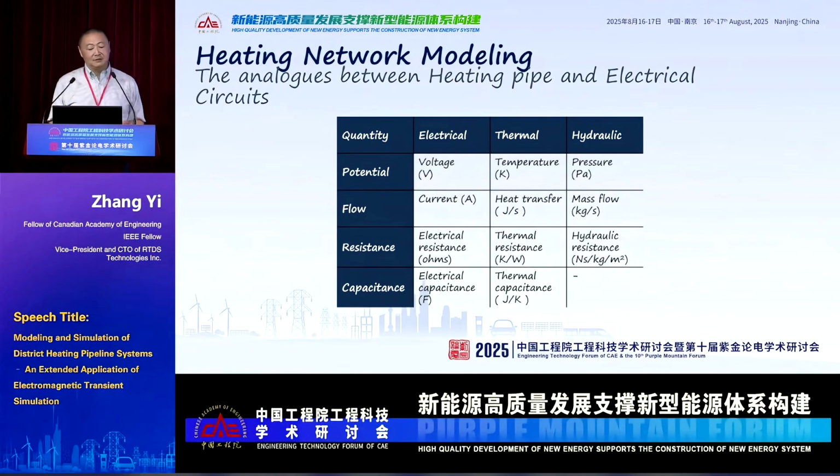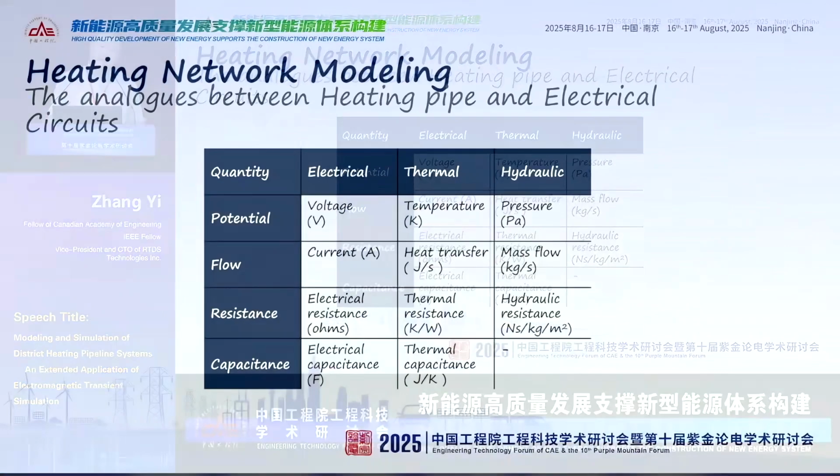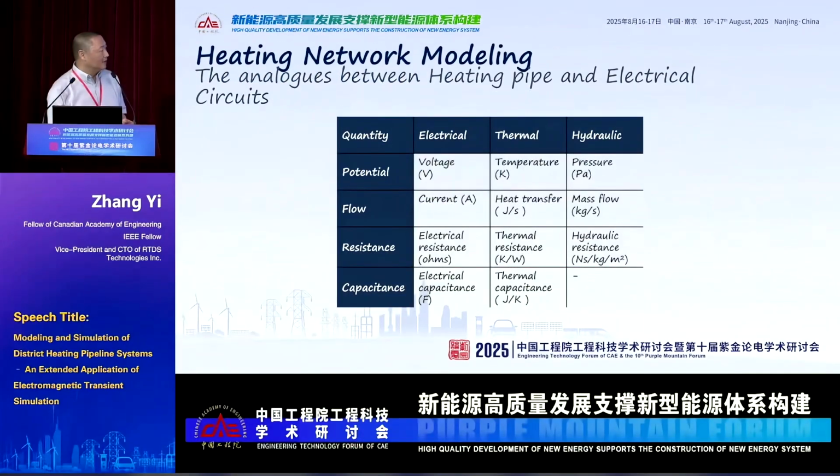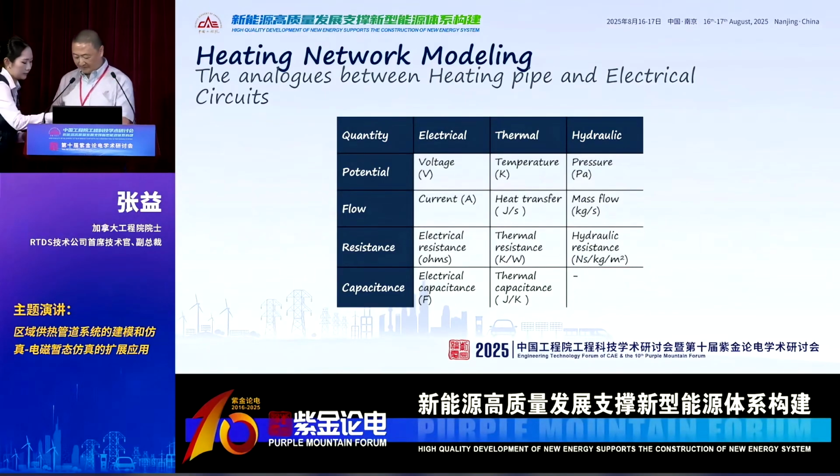On the electrical side we have voltage, current, resistors, and capacitors or reactors. On the thermal side, the corresponding potential variable is temperature, and in place of current we have heat transfer, the enthalpy flow. The counterpart of electrical resistance is thermal resistance.